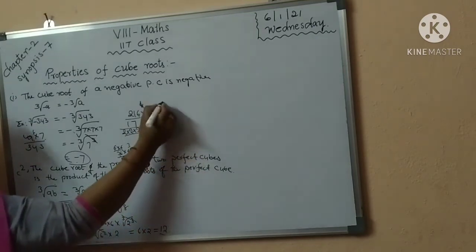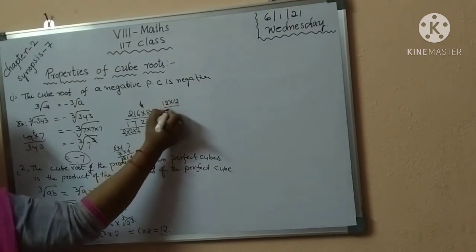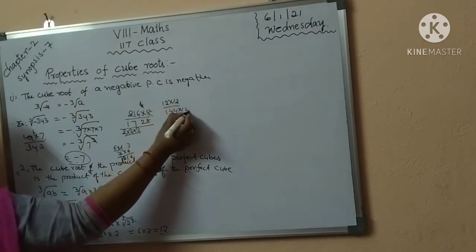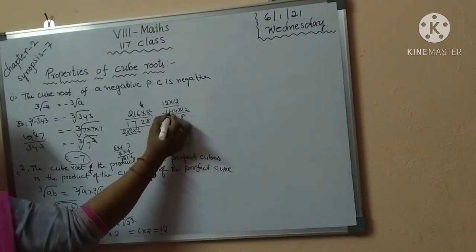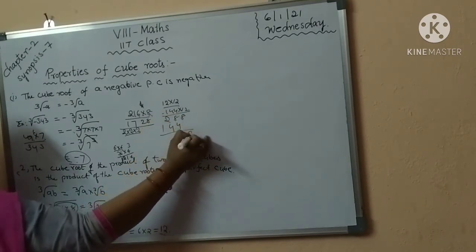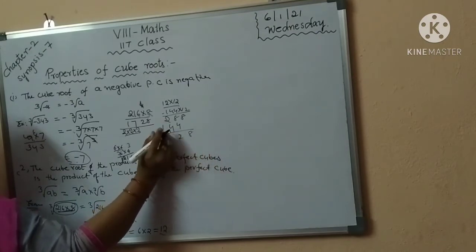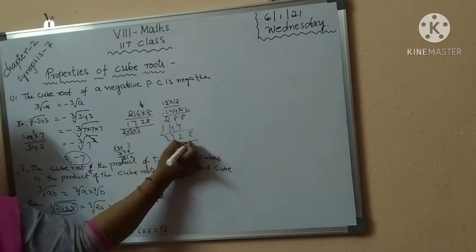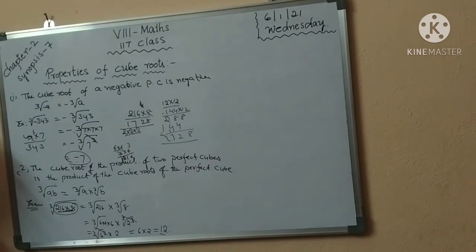So here 12 cube: 12 twelves are 144, into 12 is 1728. So the product is also a perfect cube, and the cube root of the perfect cube is 12. Did you understand, children? Okay.